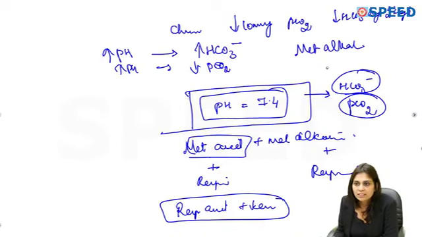Suppose I see a normal pH, decreased bicarbonate, and increased PCO2. Will you be able to make a diagnosis with these values?